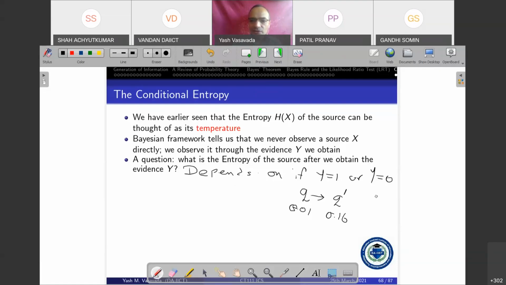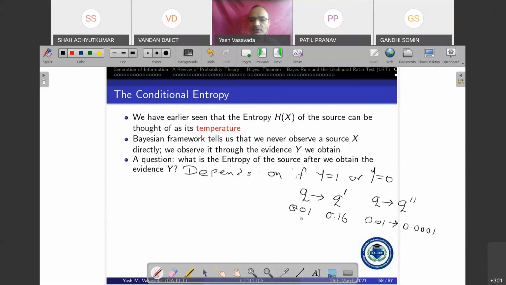But if y is equal to 0, q changes from q to q double prime. q is still 1%. But if your test turns out negative, then this becomes very small, maybe 0.0001 or something.